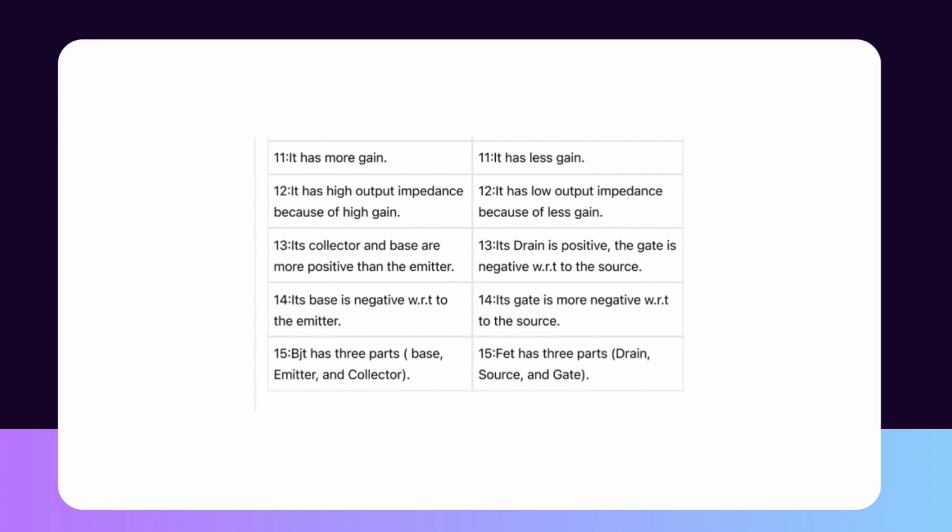In a BJT, collector and base are positive with respect to the emitter, while in the case of a FET, drain is positive and the gate is negative with respect to source. In the case of BJT, the base is negative with respect to emitter, while the gate is more negative with respect to source. BJT has three parts: base, emitter and collector. FET has drain, source and gate.